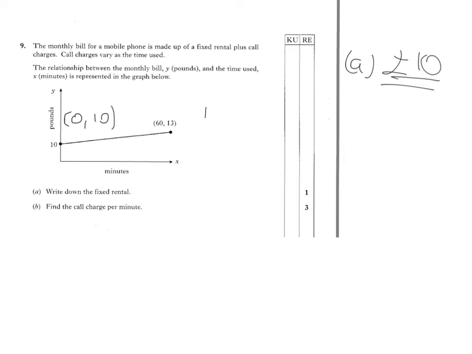So I'm going to find the gradient, and that's going to be 13 minus 10 over 60 minus 0. So I'm getting that from x1, y1, x2, y2.